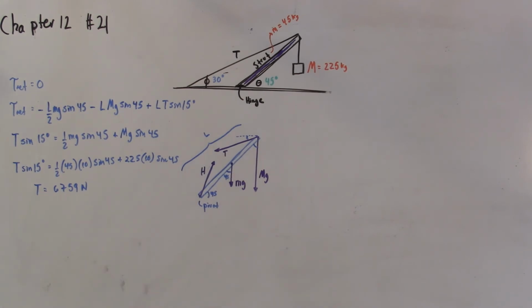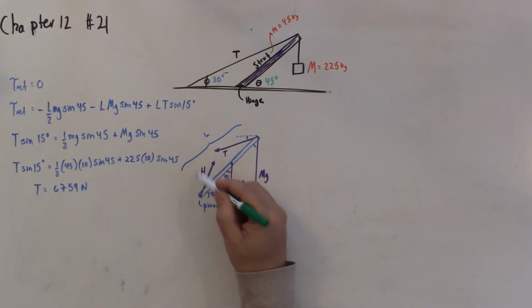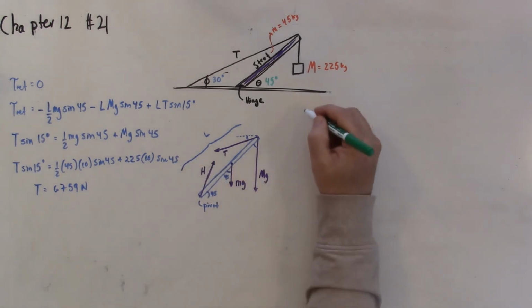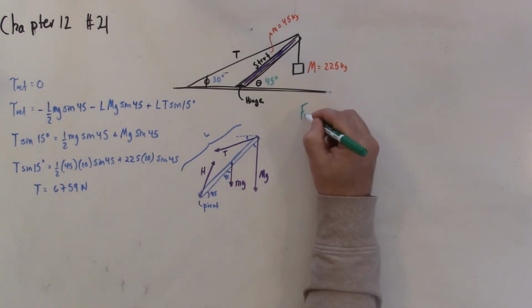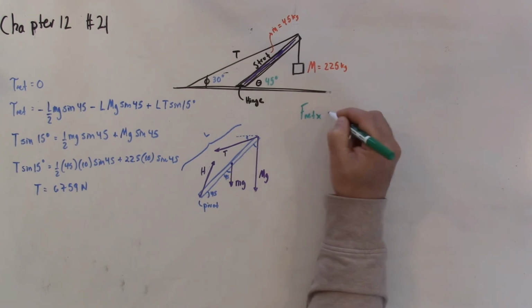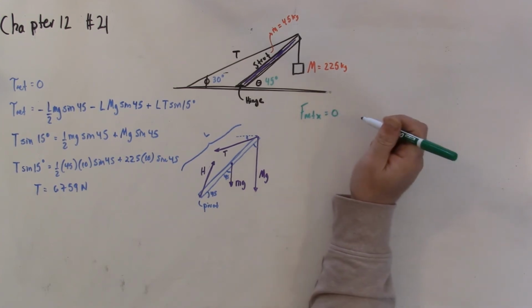The next part says, what are the horizontal and vertical components of the hinge force? Well, in order to do that, we're going to need to find out what the vertical and horizontal components are, which means we're going to need some net force statements. So let's do the net force in the x direction. First of all, we know it's equal to 0.